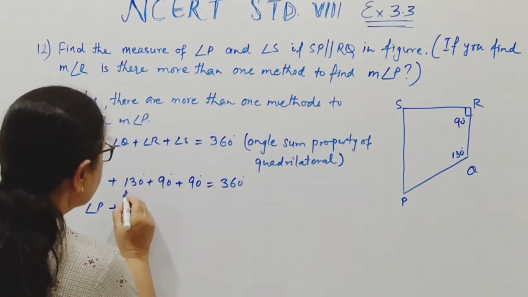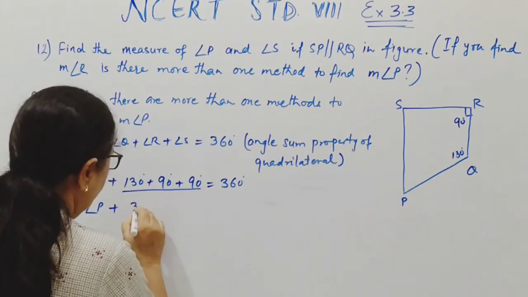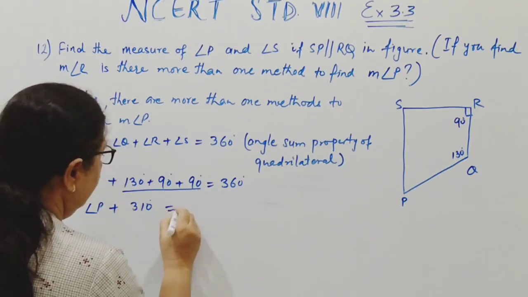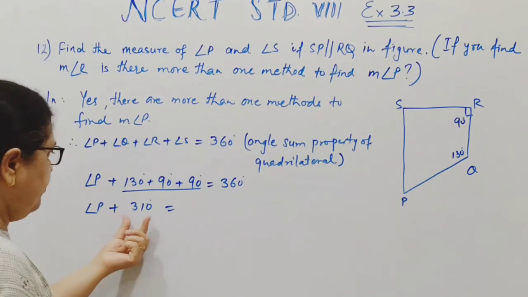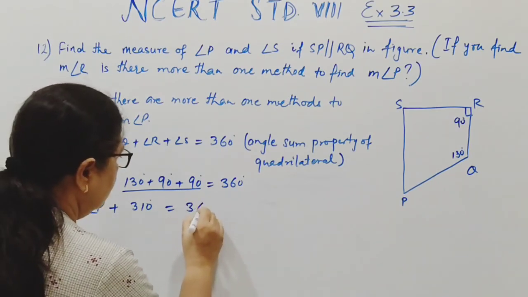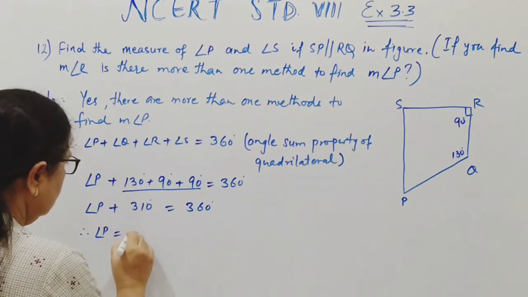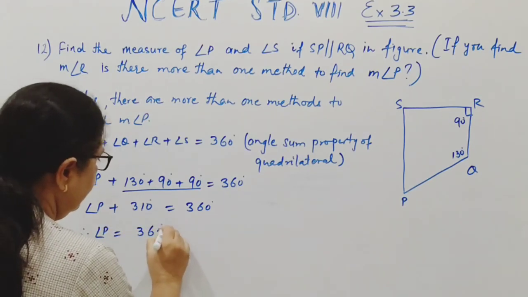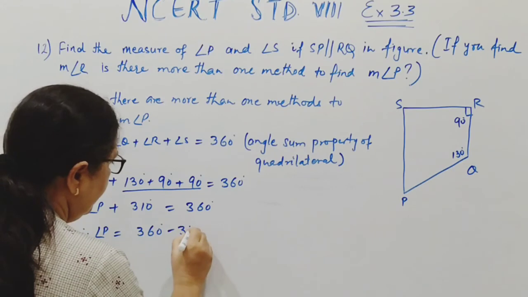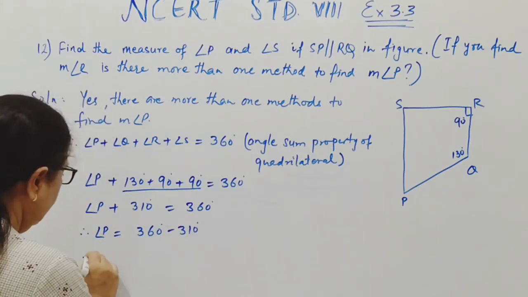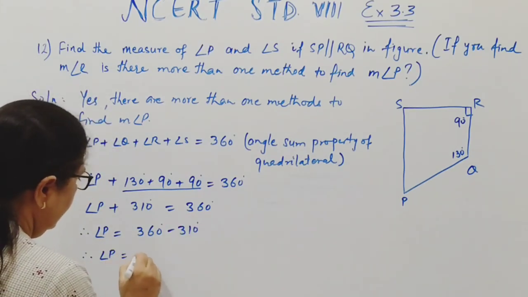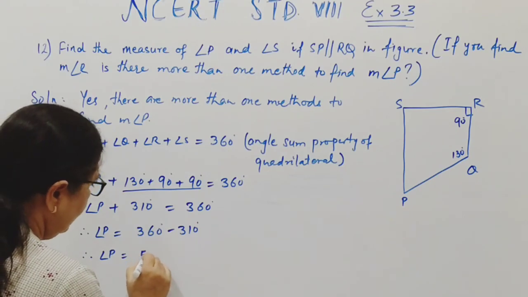After adding these three angles we get 310 degree. So angle P plus 310 degree is equal to 360 degree. Therefore angle P is equal to 360 degree minus 310. Therefore angle P is equal to 50 degree.